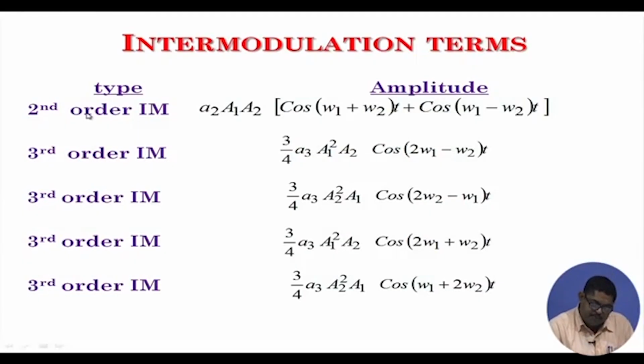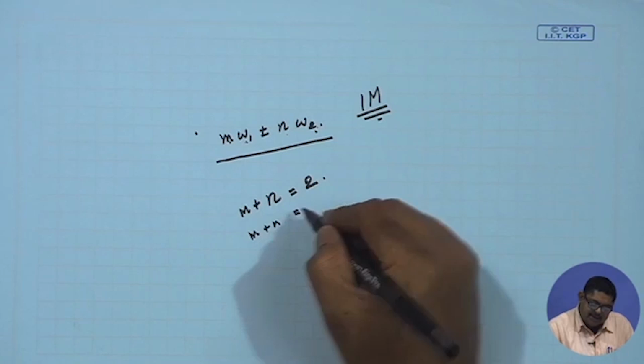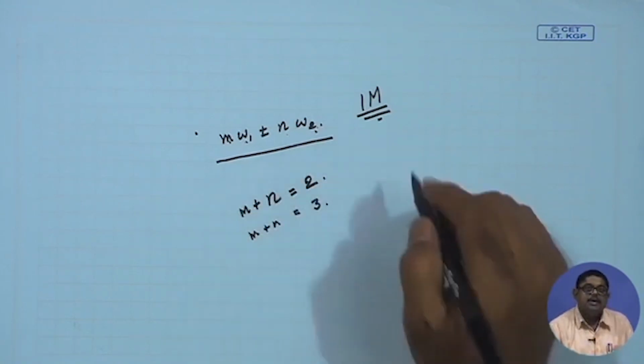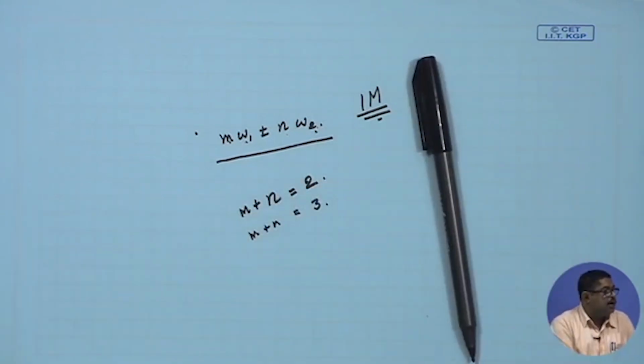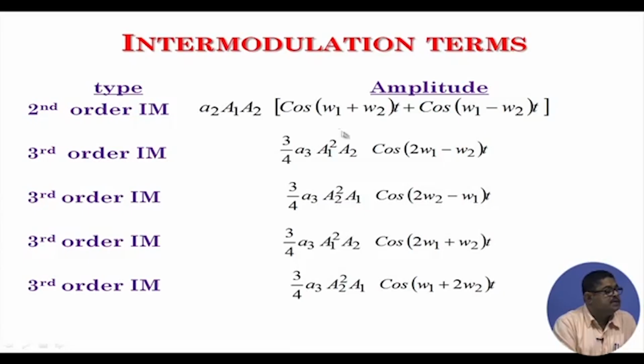If M plus N is equal to 3, it is called third order IM. When I have omega 1 plus omega 2, I have M is 1 and N is 1, so 1 plus 1 is 2. This is also so for omega 1 minus omega 2, where the coefficient is 1 and 1. So, this is second order IM.